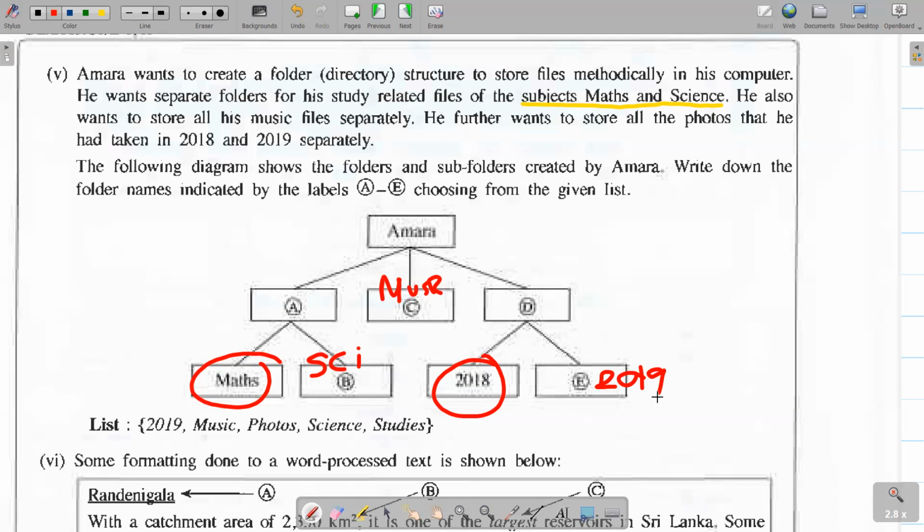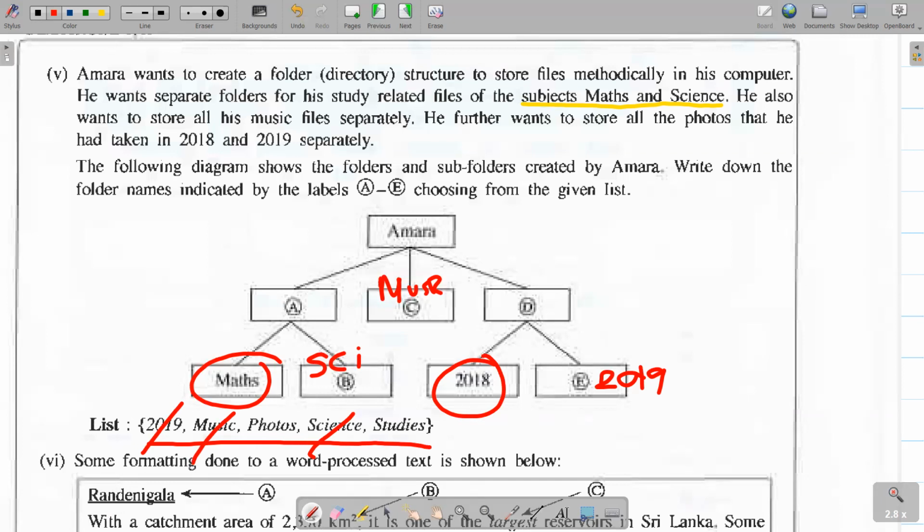And yes, they have given you a list. So we use 2019, we use science, and music.